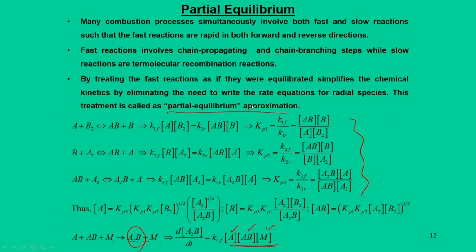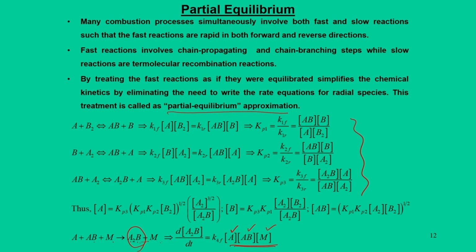By treating fast reactions as if they were equilibrated, this simplifies the chemical kinetics by eliminating the need to write the rate equations for radical species. What it means is that when the elementary reactions get started or the chain gets built up, chain initiation has been done, branching has been done, and through this the radical has been formed.